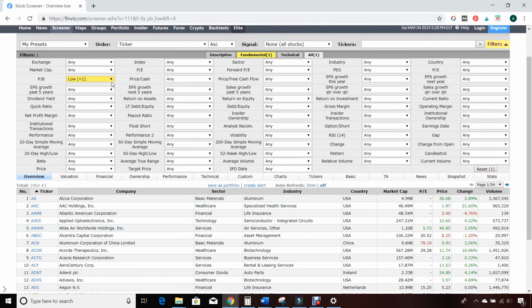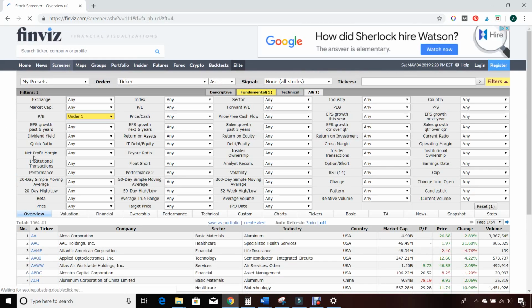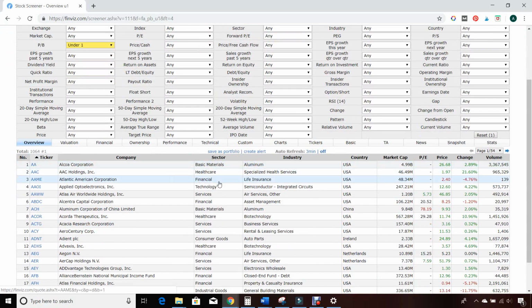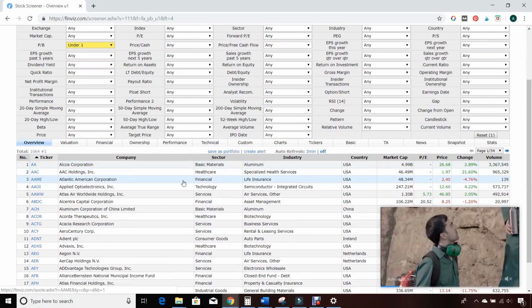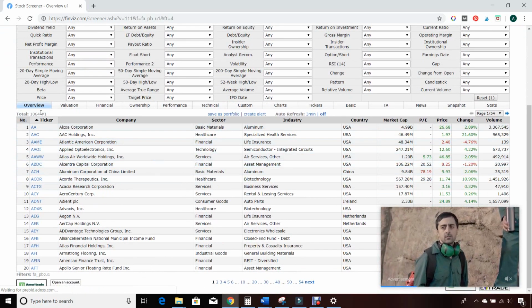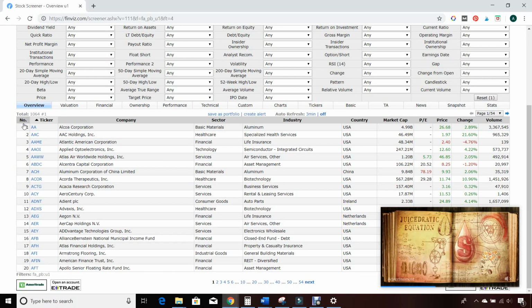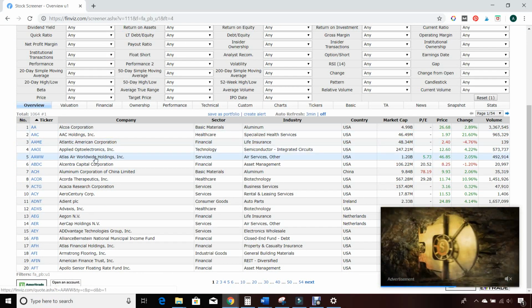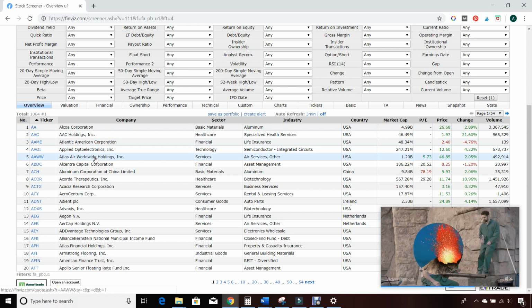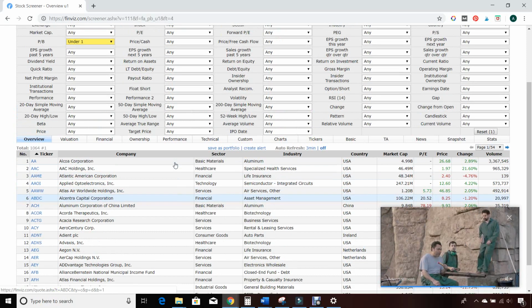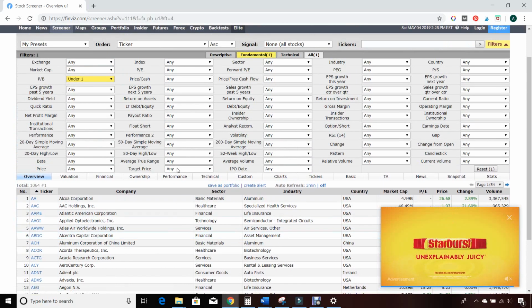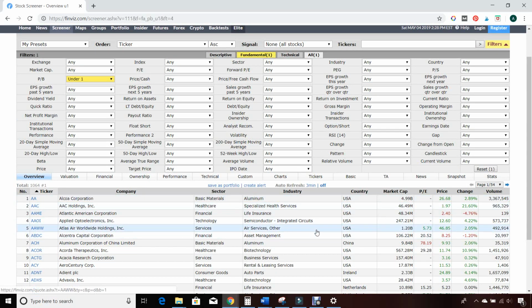So that makes it a little more useful for you. It looks like there are about 1,000 stocks under a price to book ratio of 1. So that's a good starting point when you're screening for value stocks.